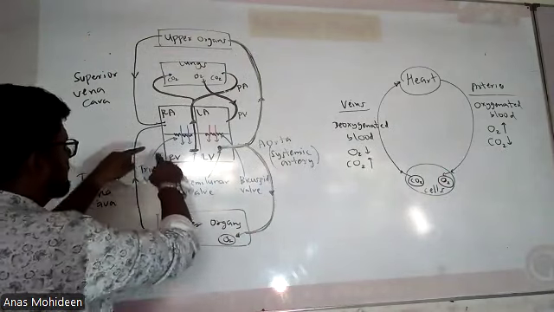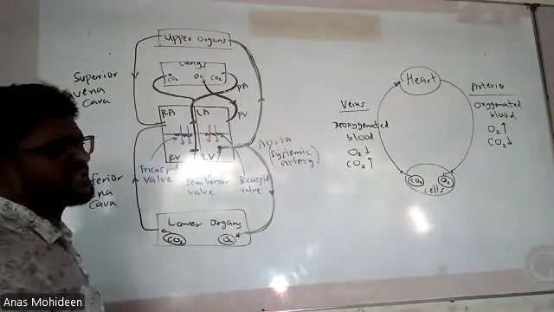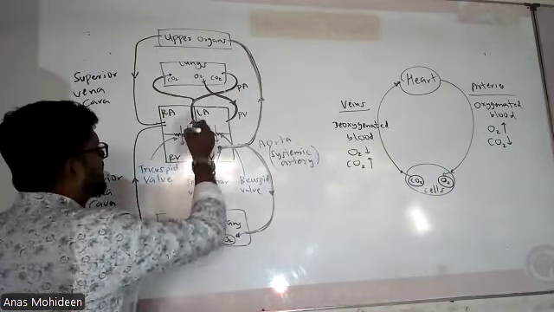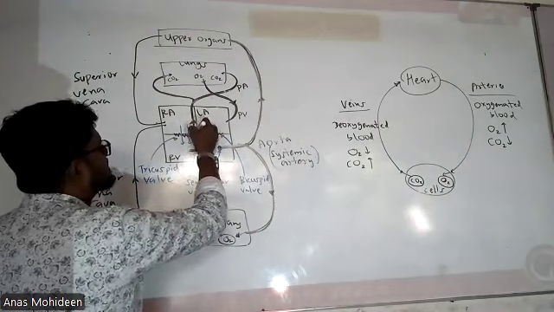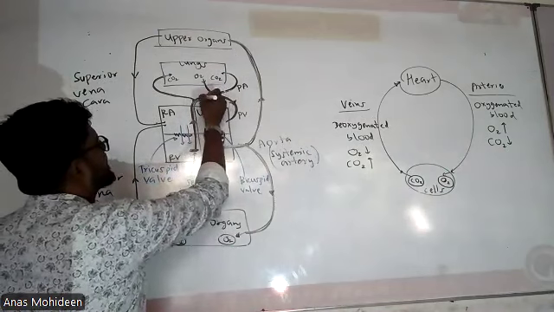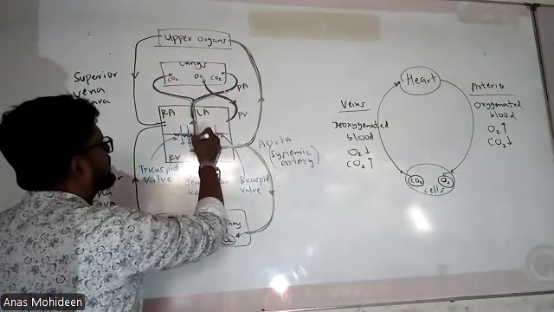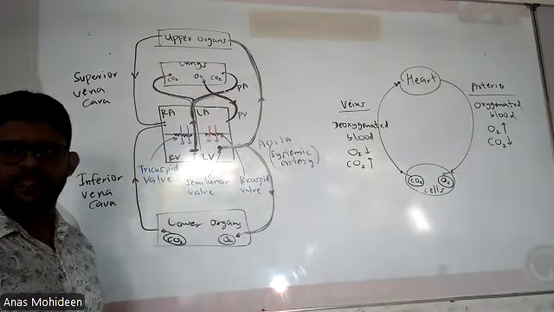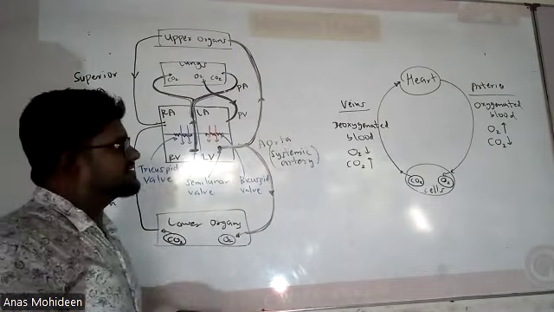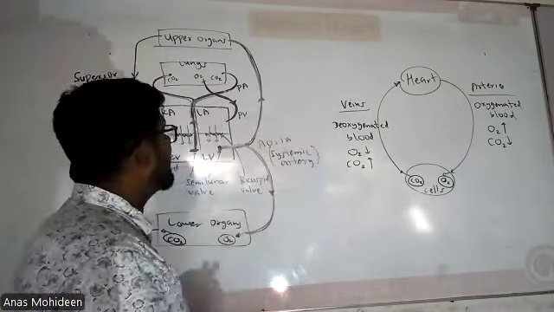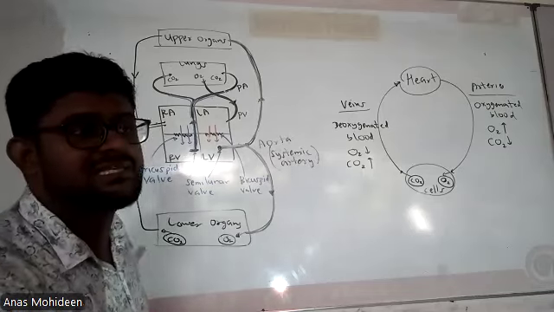But here the artery is deoxygenated. Why deoxygenated? Because the right side is connected with deoxygenated blood. You understand that? So this is carrying deoxygenated blood. And pulmonary veins must carry deoxygenated blood, but here, pulmonary veins carry oxygenated blood.